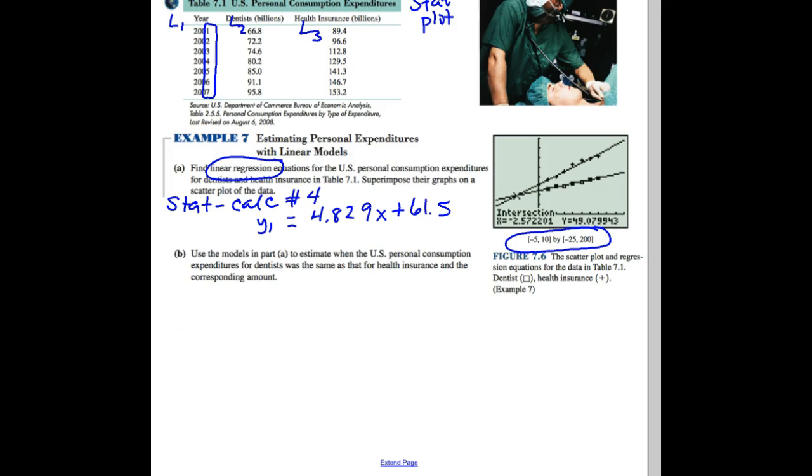And we want to store this one in Y2. So variables, Y variables, function, but this time select Y2.